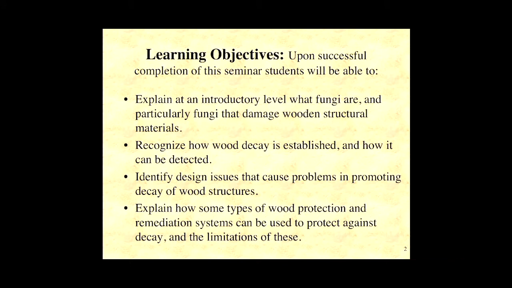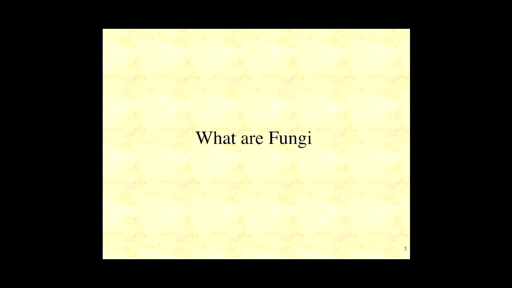And then we'll spend a little bit of time on wood protection and also remediation systems for protecting wood against decay, but also if decay starts, what do we do about that and how do we go in and protect it after the fact, so to speak.